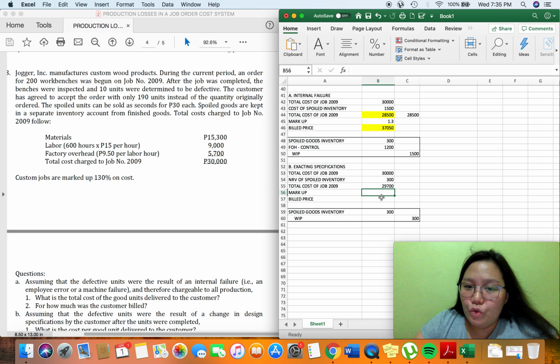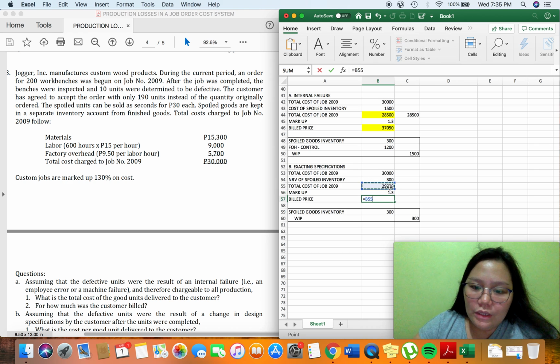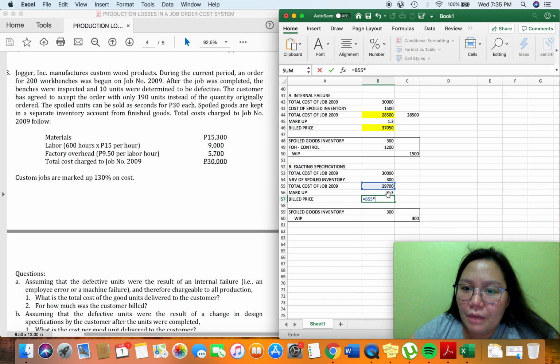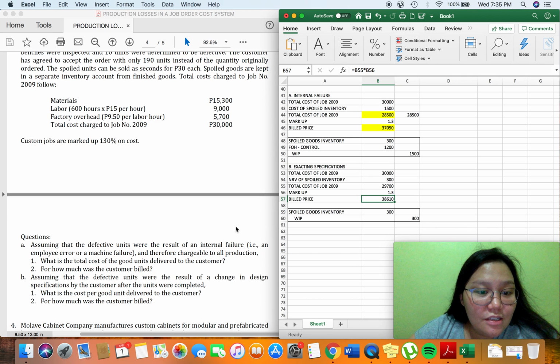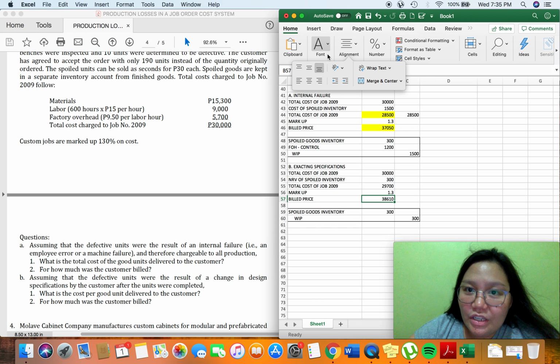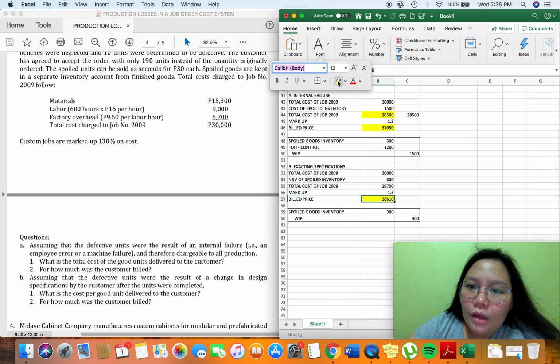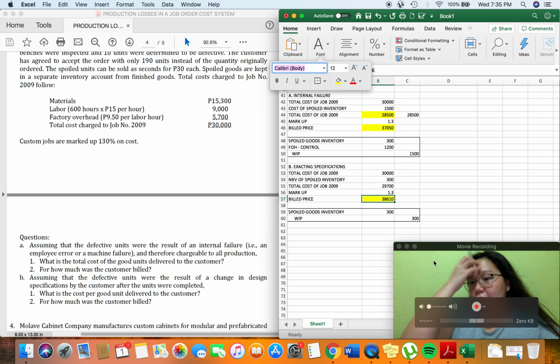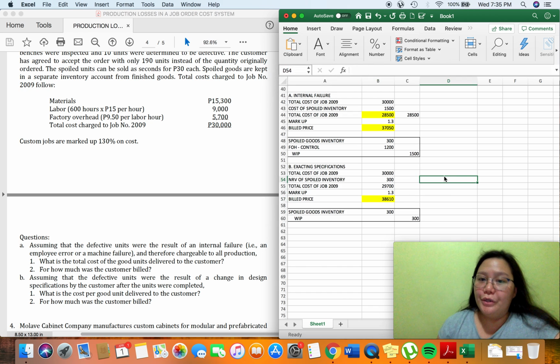Di ba? So, yung markup natin did not change. It is still at 1.3. And therefore, 29,700 multiplied by 1.3, the billed price is now higher, which is now equal to 38,610.